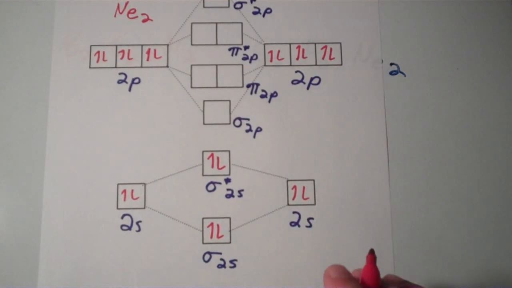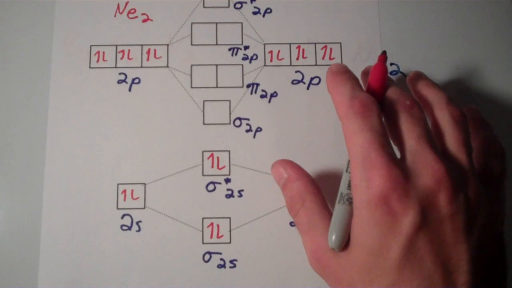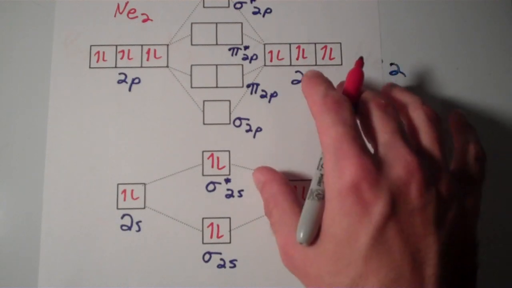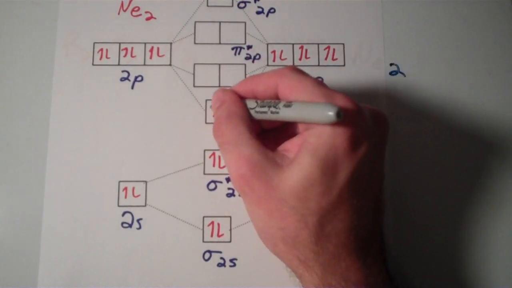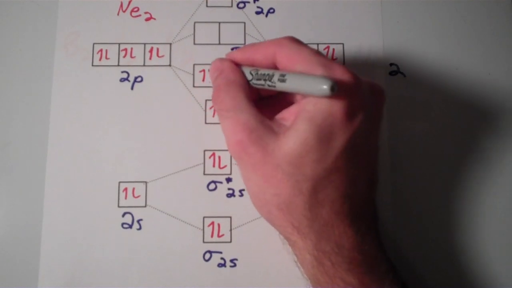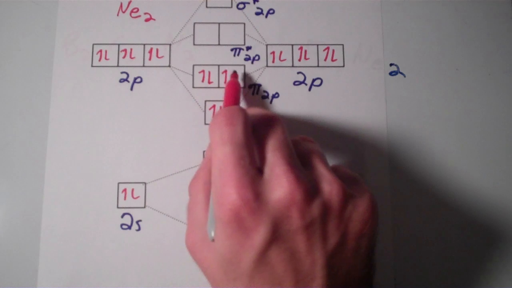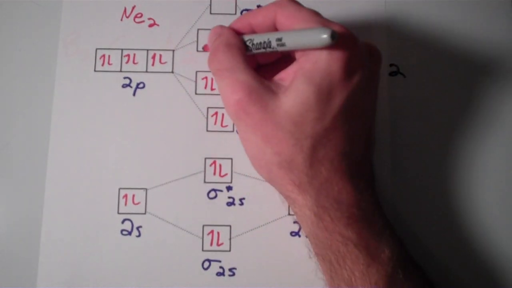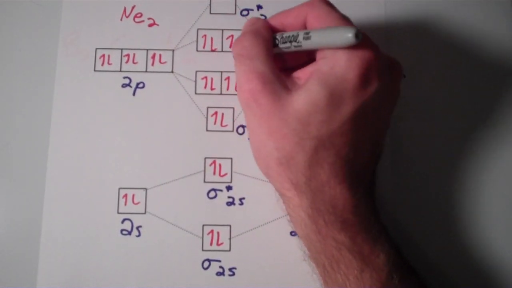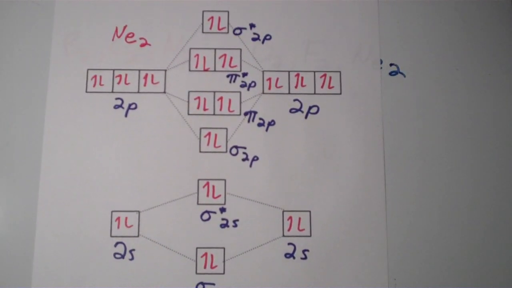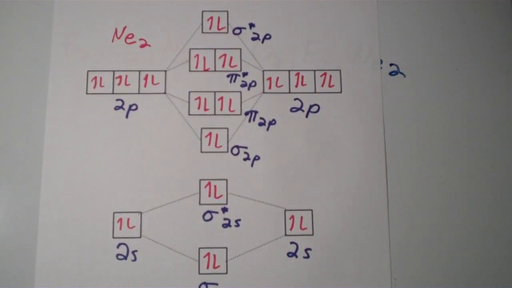And then we have 12 electrons coming in from the p orbitals. So 1, 2, 3, 4, 5, 6, 7, 8, 9, 10, 11, 12. So this is the MO diagram for diatomic neon.